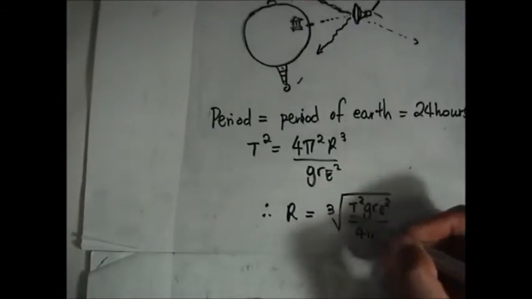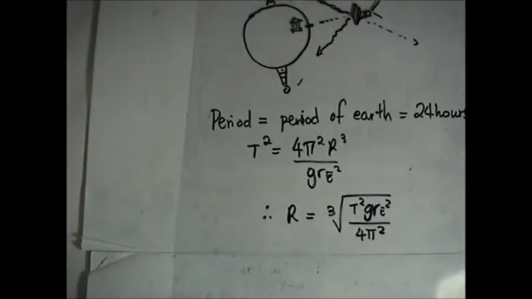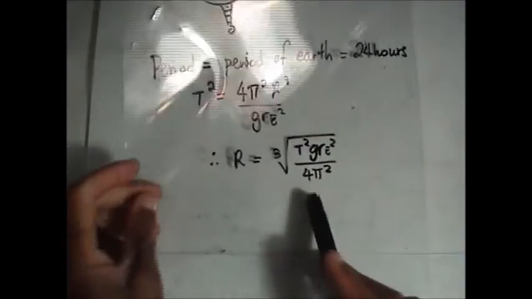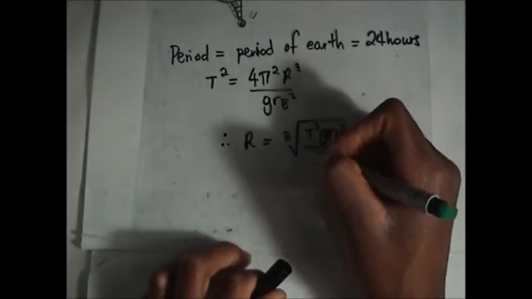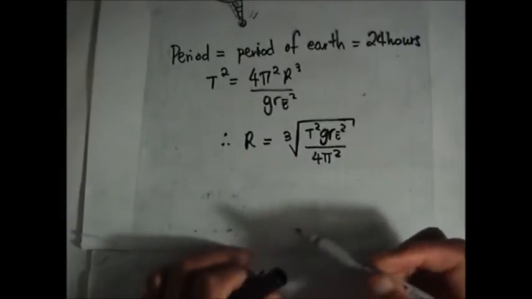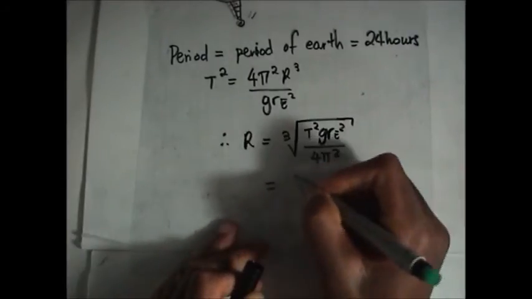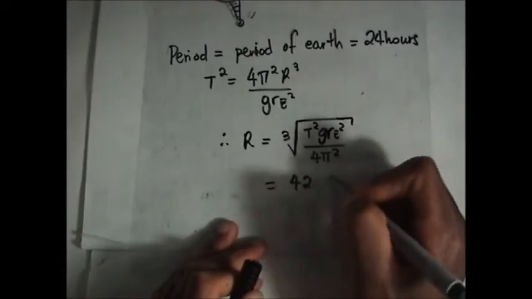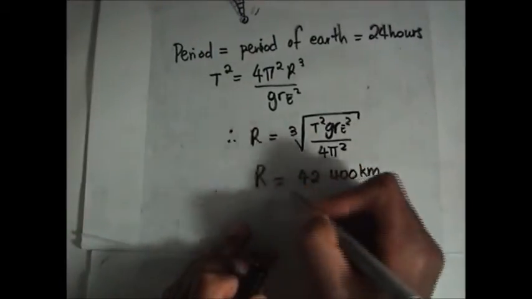And with that T I have, G acceleration due to gravity I have, my R_E I have, 4 I have, pi was programmed in the calculator, so you don't even need to worry about that one. You get your R is equal to 42,400 kilometers.